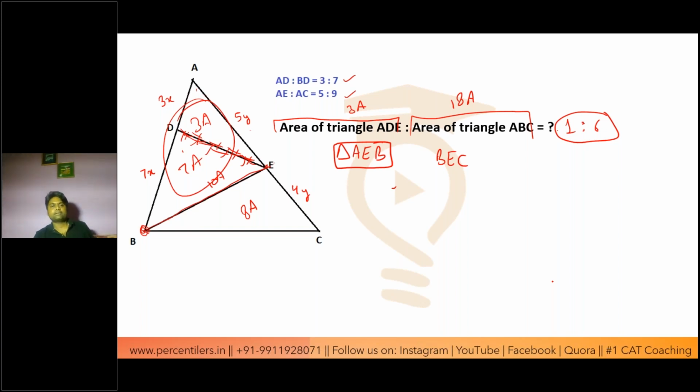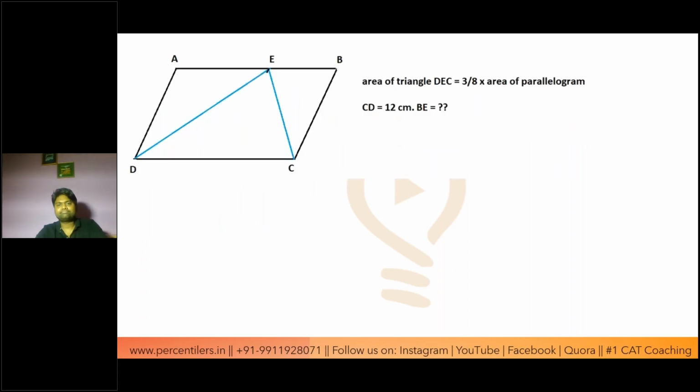Fine. So understood that the sum of the two areas is 18 and the smallest triangle is 3, 1:6. Anything else? Anybody else? Any problem, guys? Okay. This is based on the second corollary.